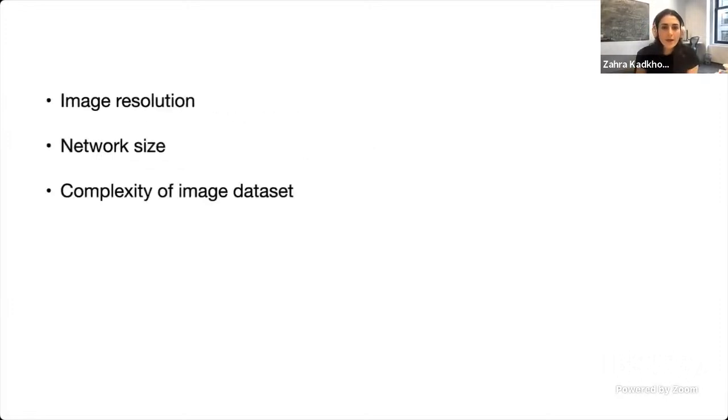Going back to the first question from the audience, what I didn't really discuss was the number of images that we need to achieve generalization in terms of the reduction of the model bias. Aside from the complexity of the image data set, it depends on the size of the image and the size of the network.